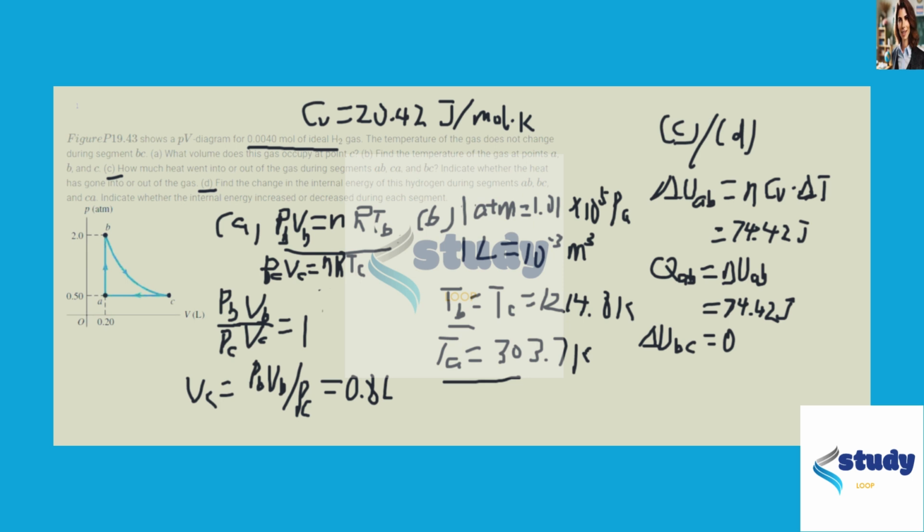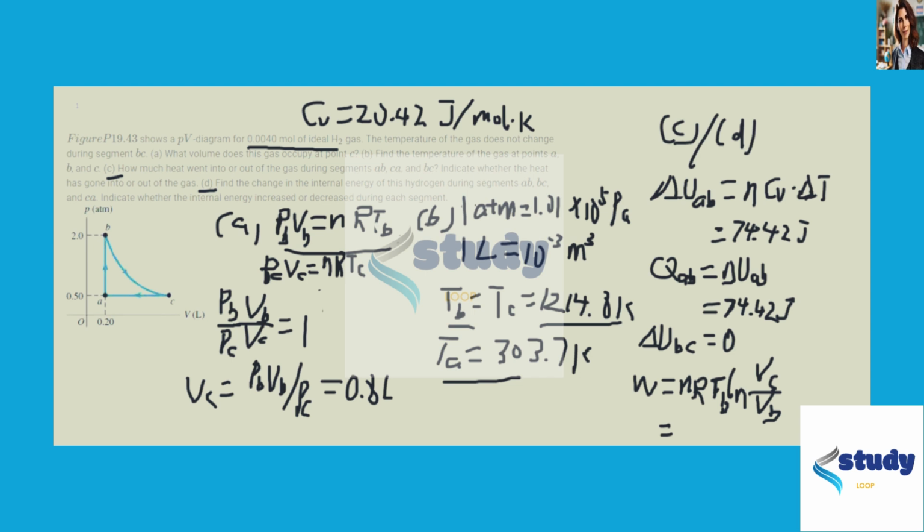And for the work, there's a formula in your textbook for constant temperature: nRT times the natural log of V final over V initial, which in process BC is VC divided by VB. n is 0.04 moles, R is the constant, TB is calculated as this one, VC is 0.8 liters, and VB is 0.2 liters. So we can calculate this work directly.